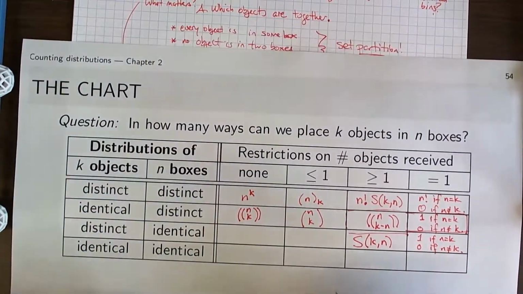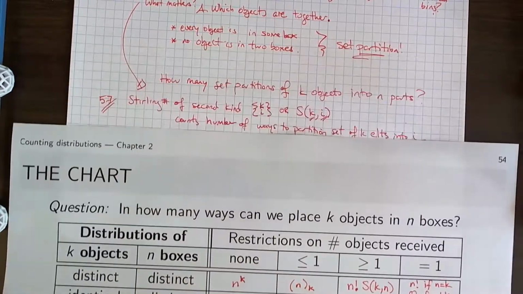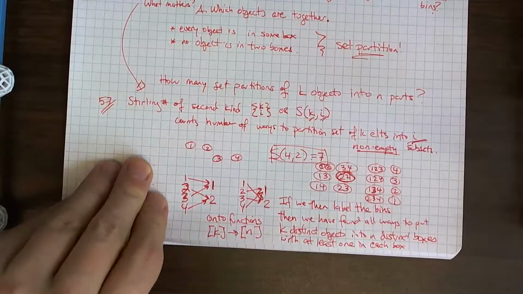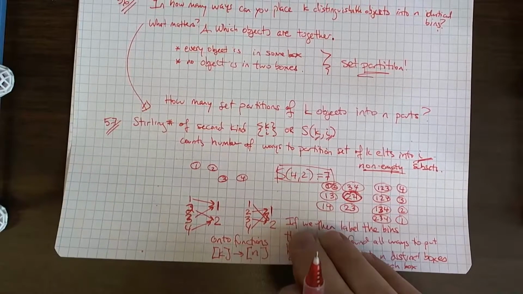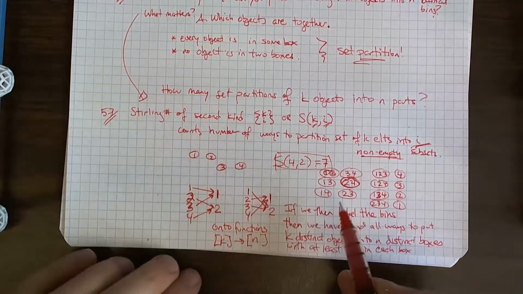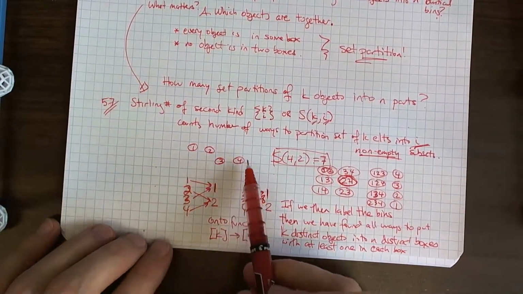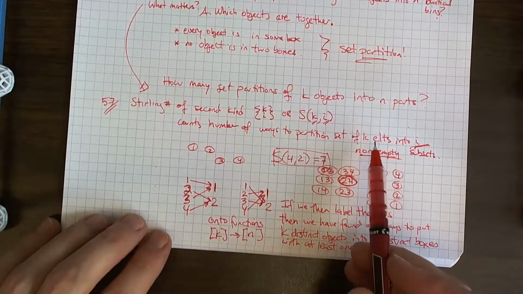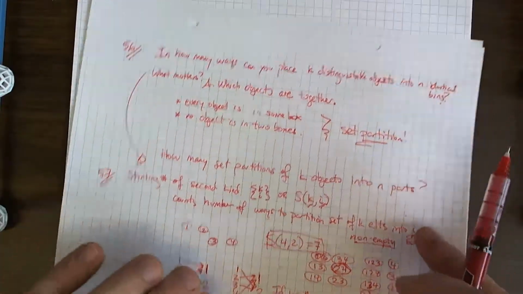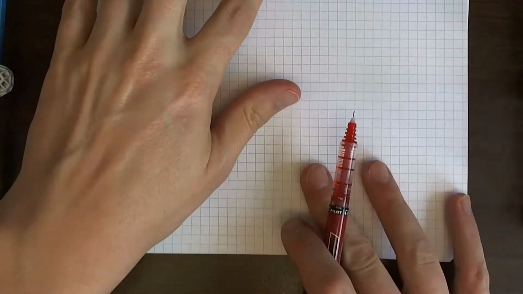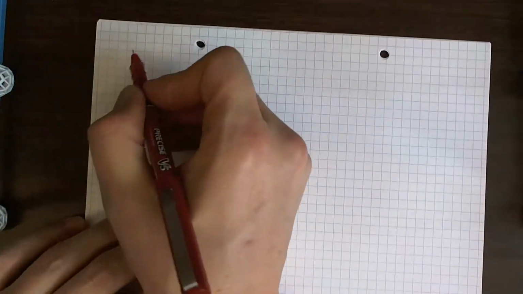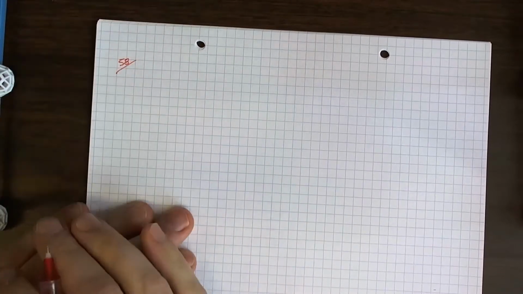But what if we want at most one item in each box? So let's look at this. We're dealing with putting items into boxes where, let's just get a new sheet here. All right, we're still on page 58 here.